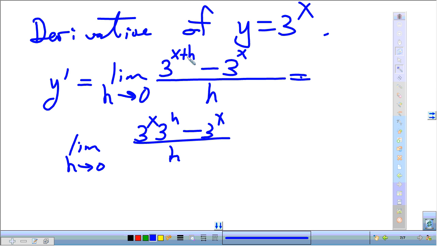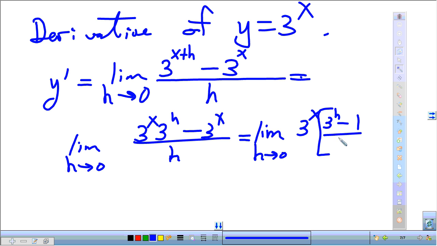Rules of exponents, we can break 3 to the x plus h into a product of 3 to the x and 3 to the h. And then we can factor out the common factor, 3 to the x. The 3 to the x is not affected by what happens to h.